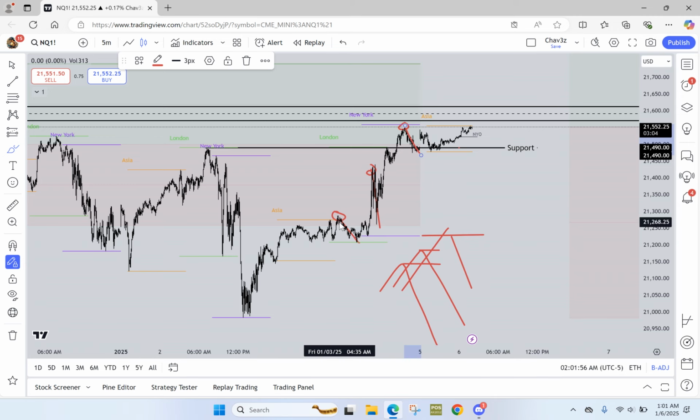We had the opportunity to take every scenario, but I was leaning more towards previous day high, which is this support that we mapped out. So I ended up taking the beginning, right?